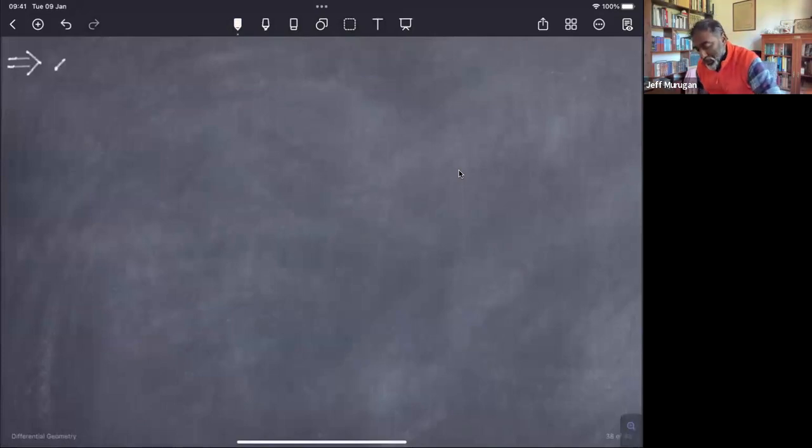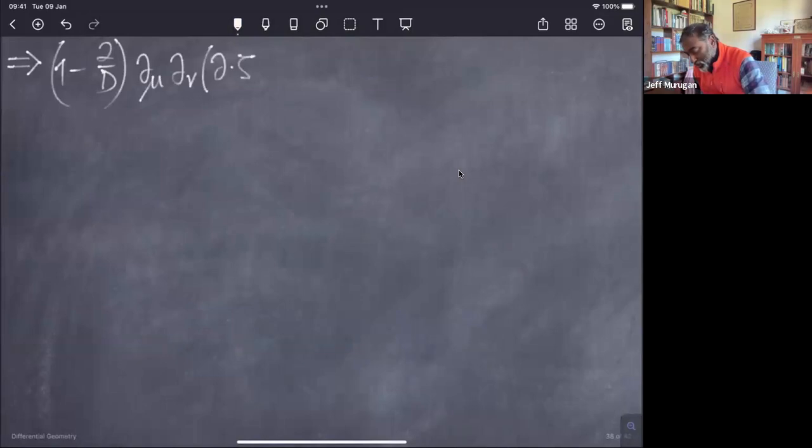So what we find then is that 1 minus 2 over d of d mu d nu on d dot zeta, minus 1 over d eta mu nu box, is 0. Okay.